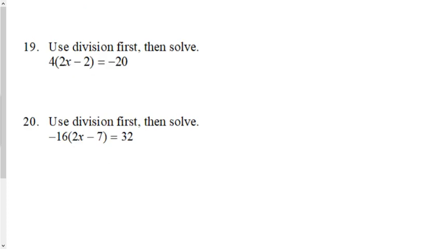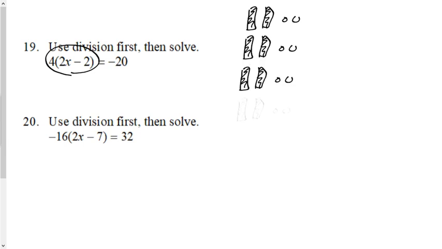And the very last thing we have in our opposite operation test here is using division first. So what I would like you to do again is think about this as being 4 groups of 2x minus 2. So if I actually drew 2x minus 2 and then doubled it, tripled it, and quadrupled it, or multiplied it by 4, that's what I would get.